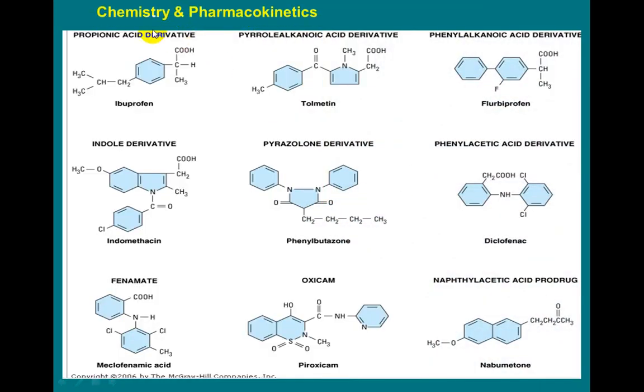This is the chemistry of nonsteroidal anti-inflammatory drugs: ibuprofen, indole derivatives, for example indomethacin, phenylacetic acid derivatives, for example diclofenac, and oxicams, for example piroxicam. These are the chemical structures of some types of nonsteroidal anti-inflammatory drugs.